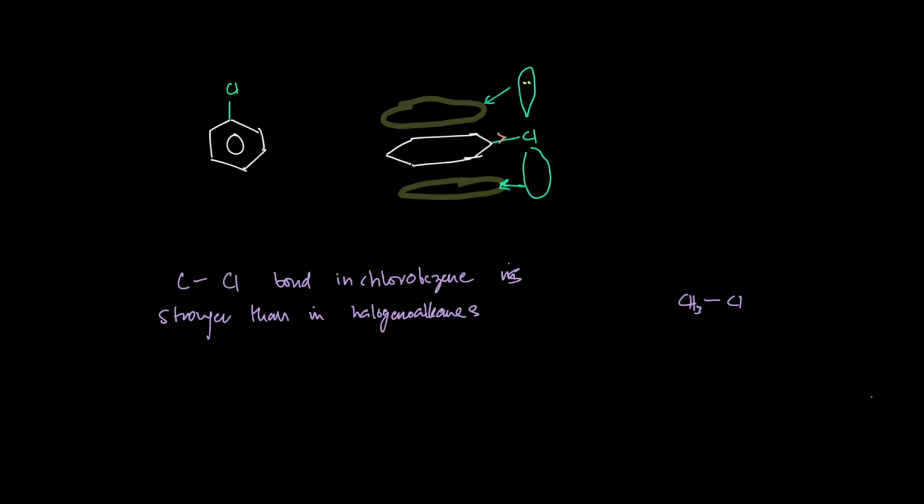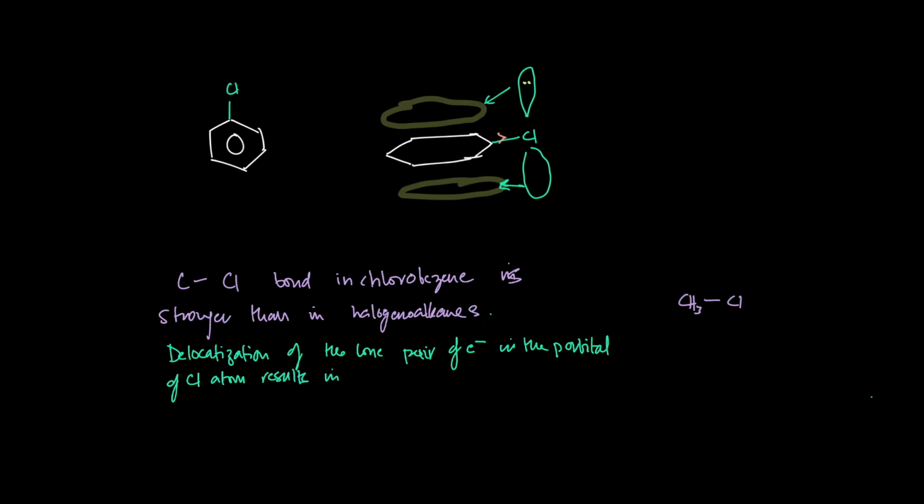Okay, and the reason why is because the delocalization of the lone pair of electrons in the p orbital of the Cl atom results in an increase in electron density between the carbon and the chlorine atom, right?